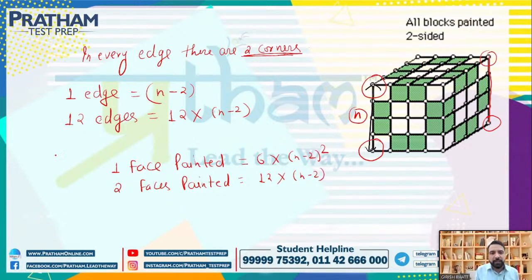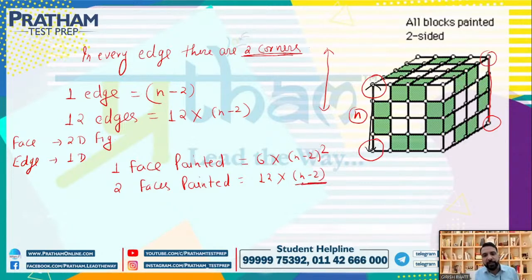Why this? Why not square here? Because यहाँ पर हम बात कर रहे थे faces की, right? Face is a 2D figure. So 2D figure में आपको area find करना होता है, 3D figure में आप volume find करते हैं, because having 3 dimensions, and edge having only one dimension. केवल एक ही dimension है. If you have only one dimension, तो आप area या volume तो find कर ही नहीं सकते ना.